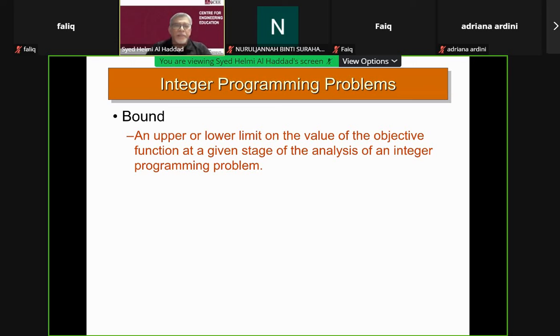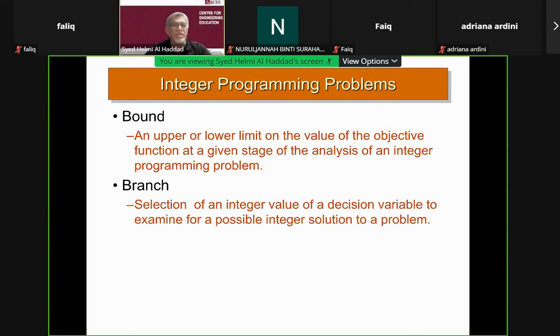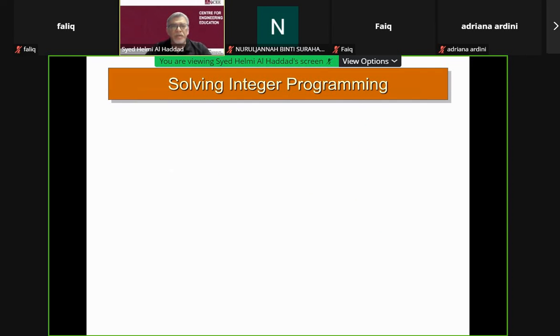The bound is an upper or lower limit of the value of the objective function at a given stage of the analysis of an integer programming model. So the upper or lower limit is the bound, while the branch is the selection of an integer value of the variables to examine for a possible integer solution to the problem. First you need to come up with the bound, and then after that you do the branch.